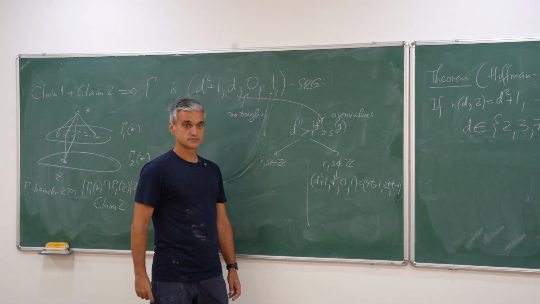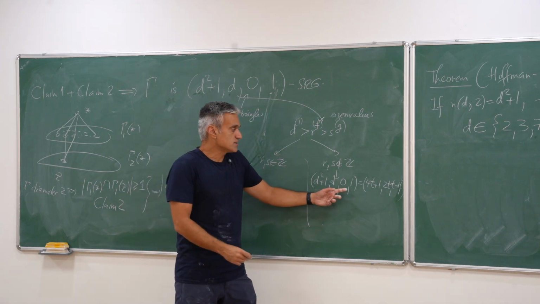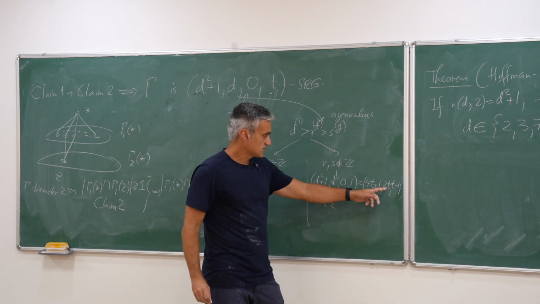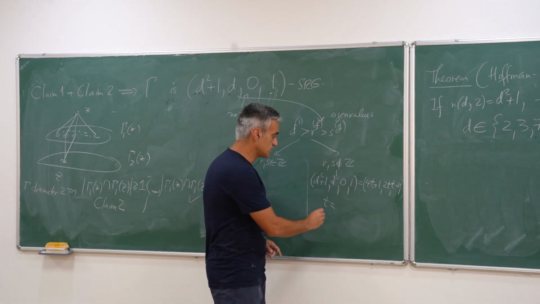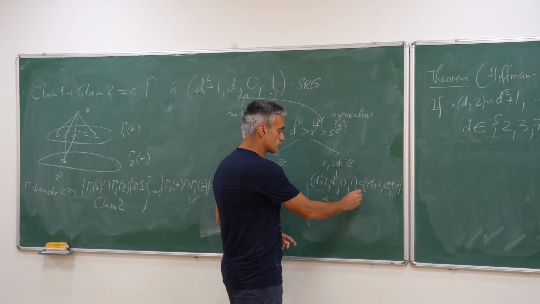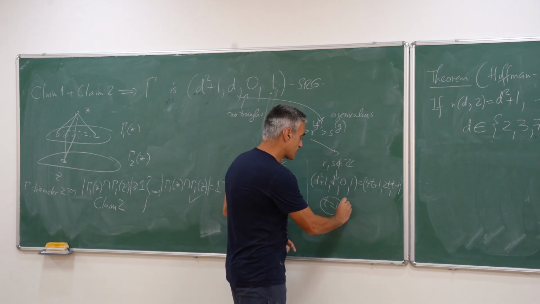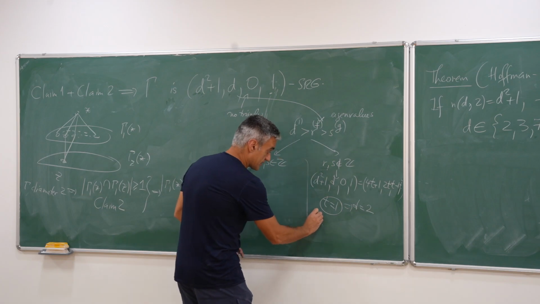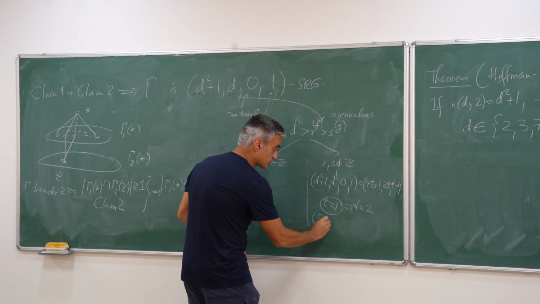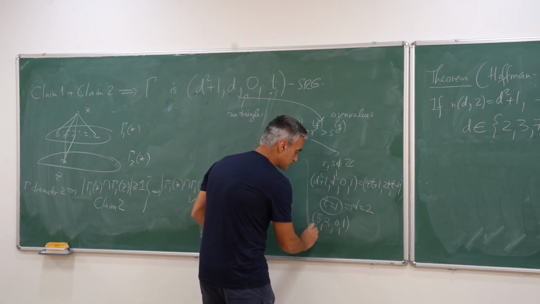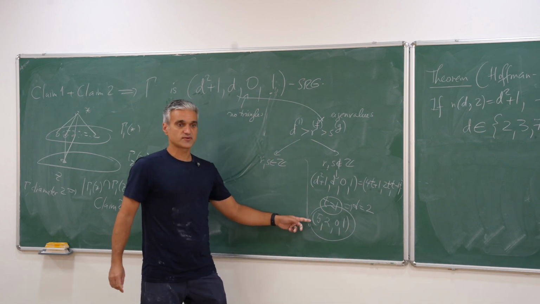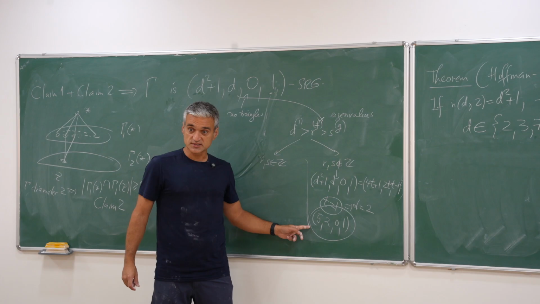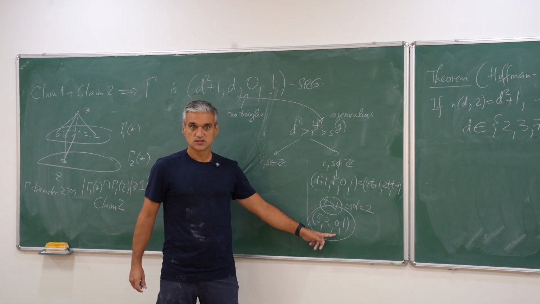So when you identify this, t minus 1 is 0, so t is 1. And so 4t plus 1 is 5, which implies that D equals 2, so D squared plus 1 is 5, and you have 5, 2, 0, 1. Do you know of a graph that is 2 regular, on 5 vertices, with no triangles?